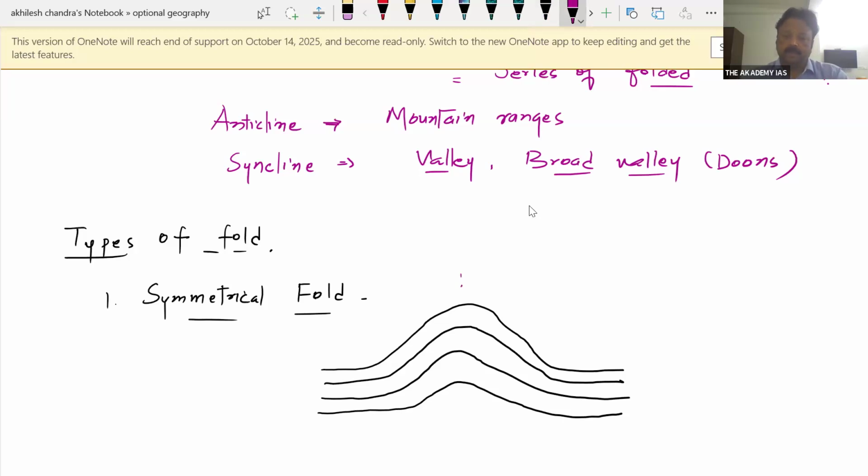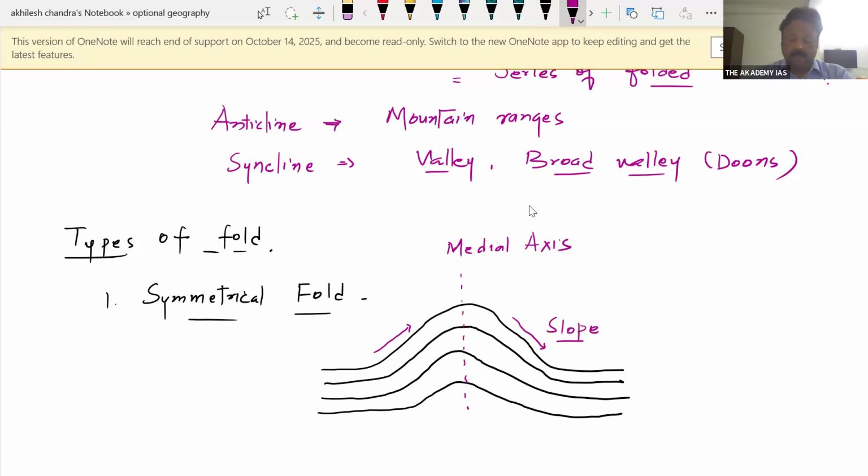So this is the medial axis, that divides the fold into equal parts. So both the arms are equal in terms of slope.